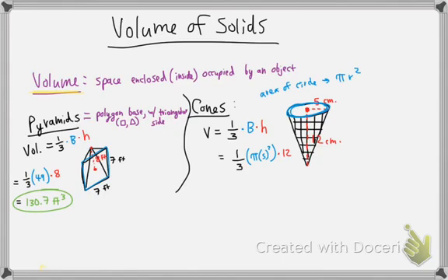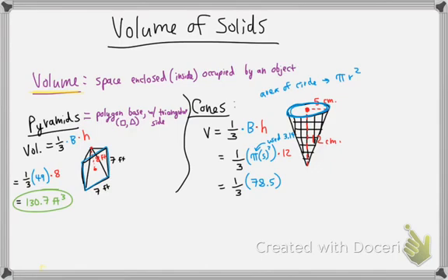Okay? So we're going to do 1/3 of, I'm going to take 5 squared, which is 25. I'm going to take 25 times 3.14, because that's essentially what pi is. So I'm going to have 78.5. And you can use the symbol pi, but I'm just going to use 3.14, okay?